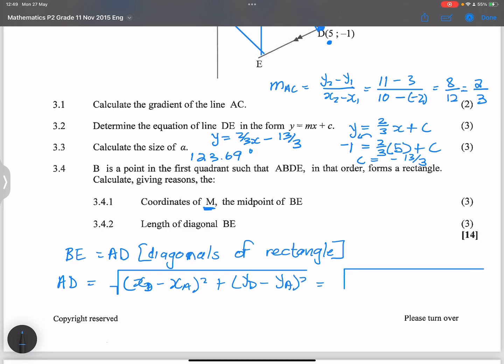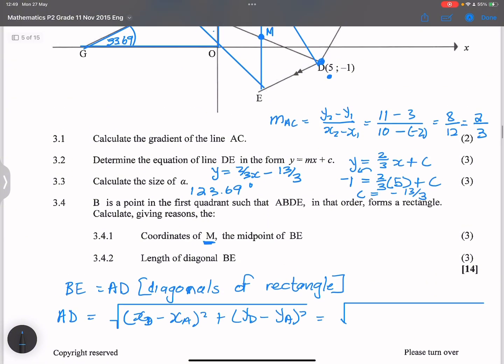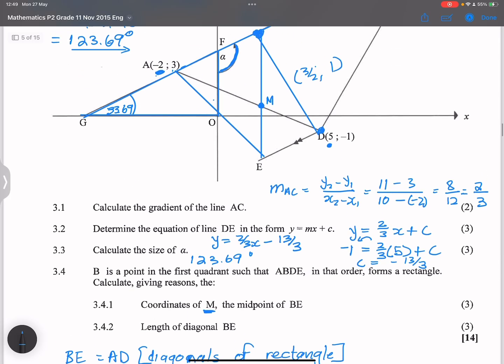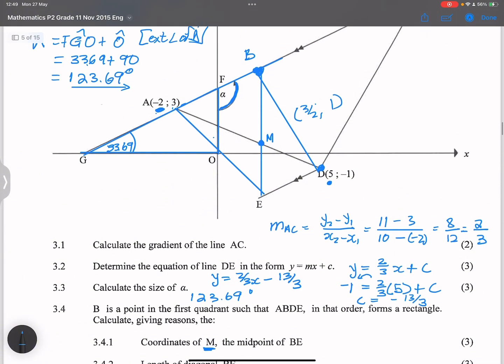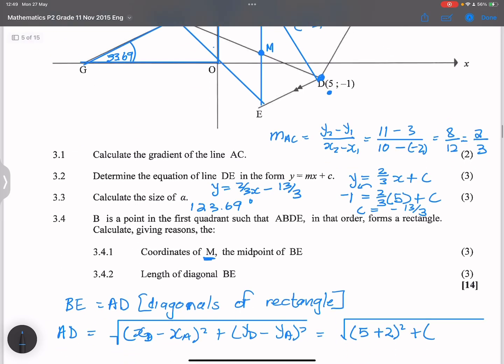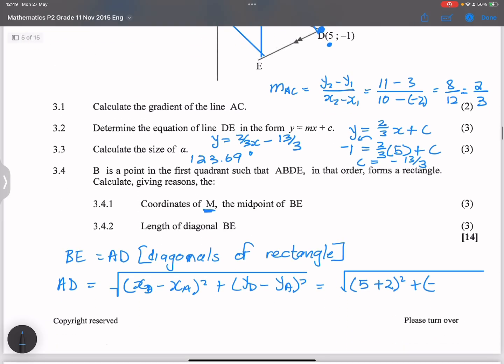The x value at D is 5, so this is going to be 5 minus negative 2, which is 5 plus 2, squared. And what about our y values? That's negative 1 minus 3, all squared.